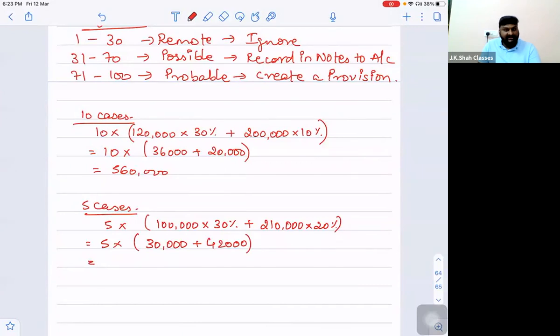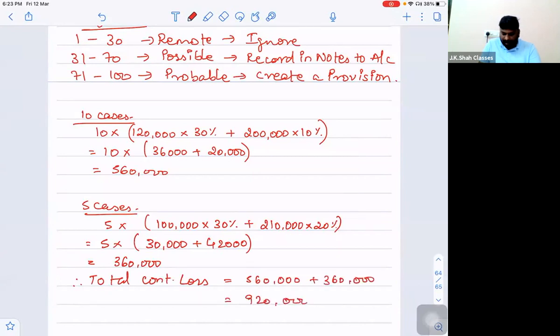So total will be 72,000 multiplied by 5, 3,60,000. So therefore, total contingent loss will be recorded in the notes to accounts as 5,60,000 plus 3,60,000. So total is 9,20,000.